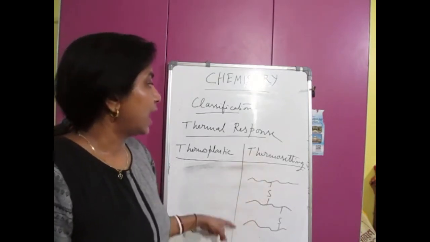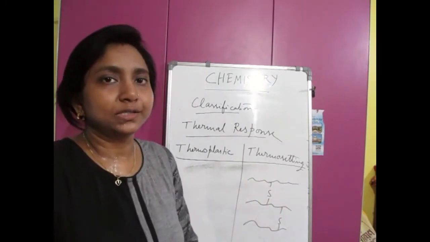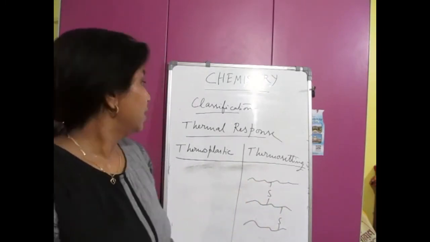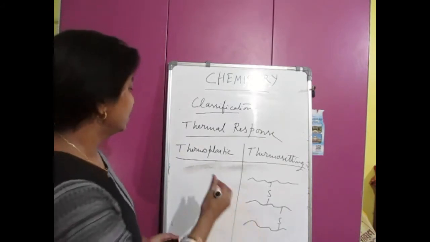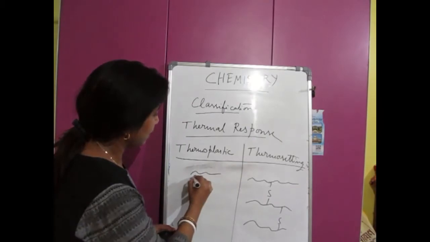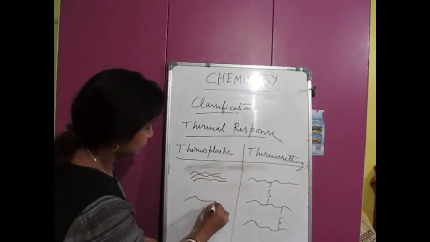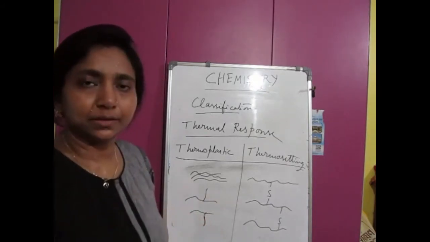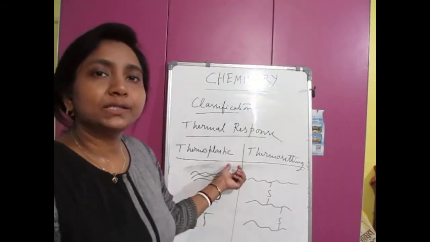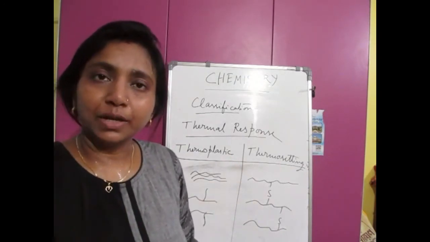That is the thermosetting polymer, which generally we get by condensation polymerization. But thermoplastic polymer generally has either a linear structure, you have seen the linear structure, or a branched structure. The thermoplastic polymer is generally formed by addition polymerization.